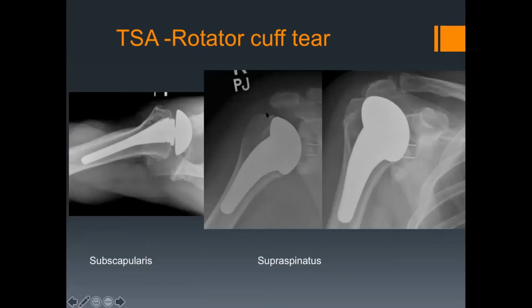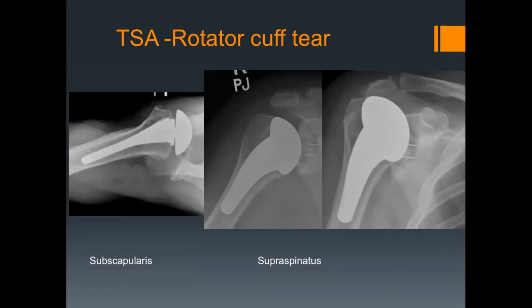This is an example here. I think this is the earlier case actually. So this is an example of supraspinatus failure. You can see normal alignment of the TSA in this radiograph, but over time you can see cranial migration of the humeral prosthesis, which starts to articulate with the undersurface of the acromion, compatible with supraspinatus failure.